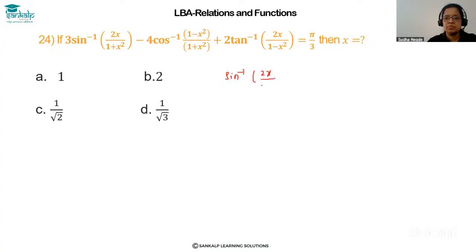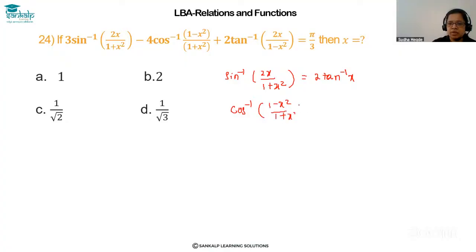Sin inverse 2x divided by 1 plus x square is equal to 2 times tan inverse x. You have proved already this one. Similarly, you have proved cos inverse 1 minus x square divided by 1 plus x square is equal to 2 times tan inverse x.